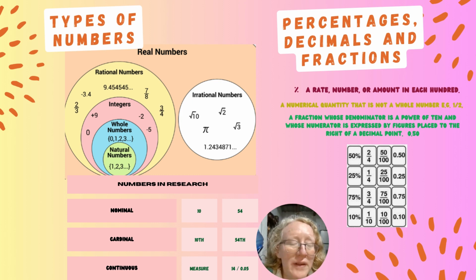The next classification is called rational numbers. The rational numbers are signed with the letter Q, and they include decimals and fractions.